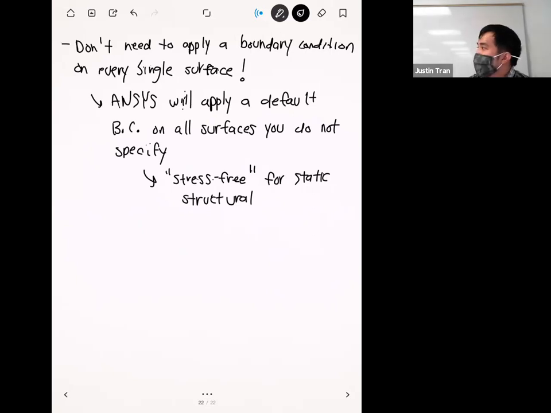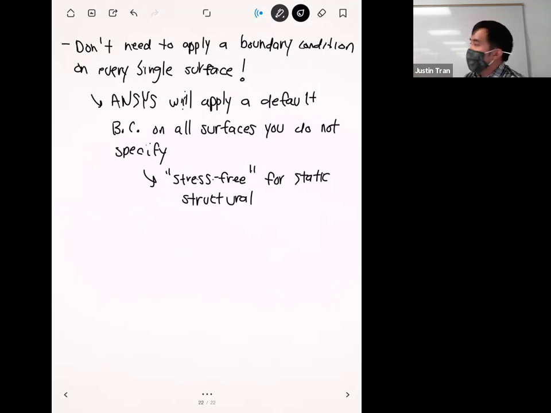Okay. Which seems like nothing, right? And so this is basically the do nothing boundary condition, right? It seems kind of superfluous here, but mathematically applying a stress-free boundary condition actually does something to the solution. But just know that Ansys will do that by default. And so don't feel like you have to go into your Ansys models and say I need a boundary condition on every single one, because if you don't do anything, then Ansys will apply that.